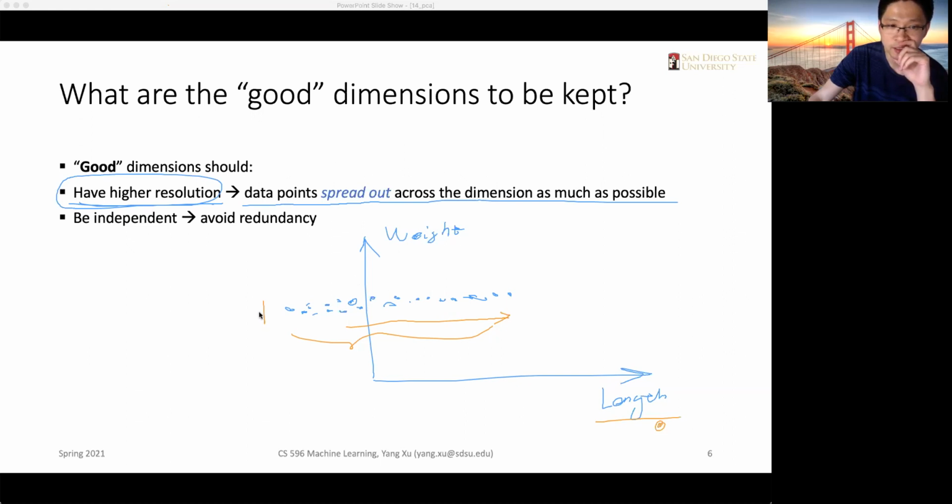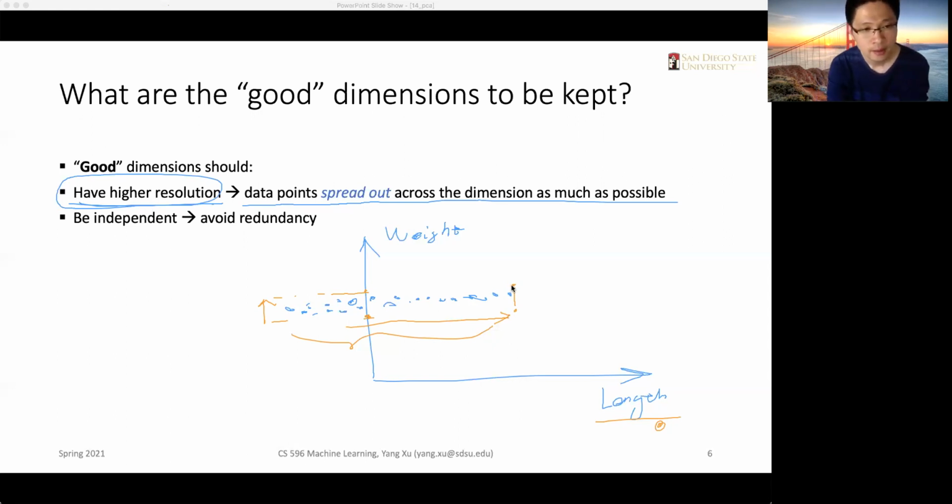Because if you look at this direction, the range of all data points along the weight is a very narrow one, and it's really hard to tell these data points apart in terms of weight alone. Okay, so in this particular case, very likely length is the feature that we want to keep as opposed to weight.